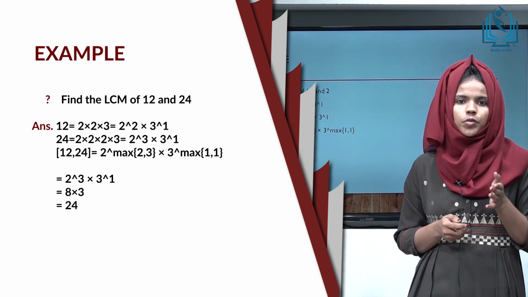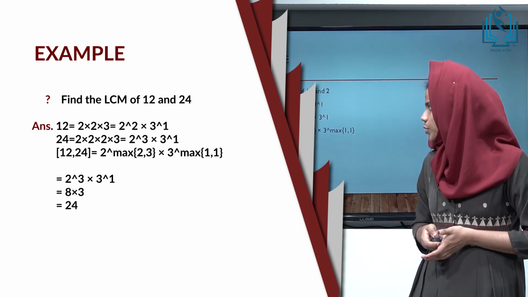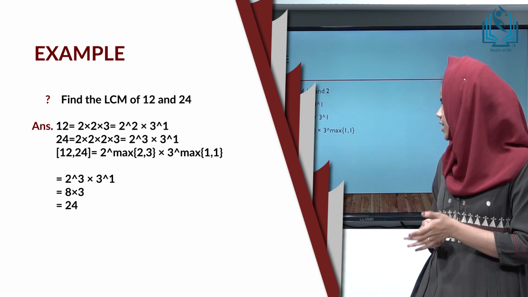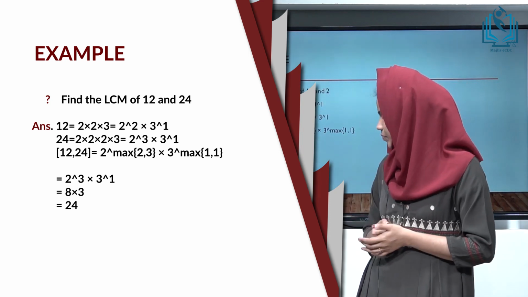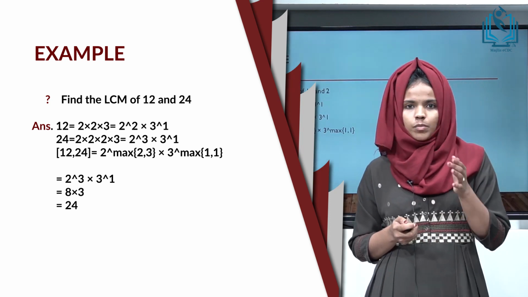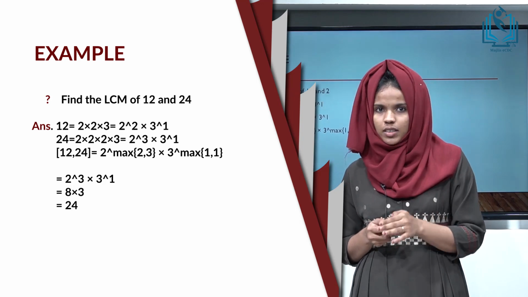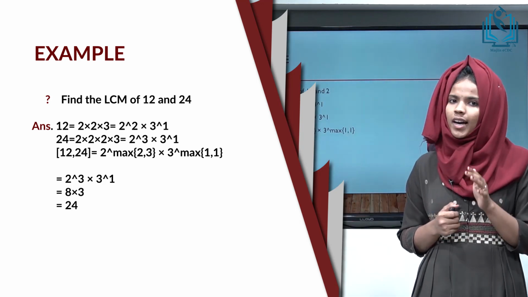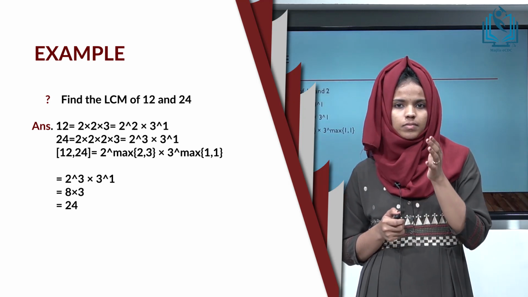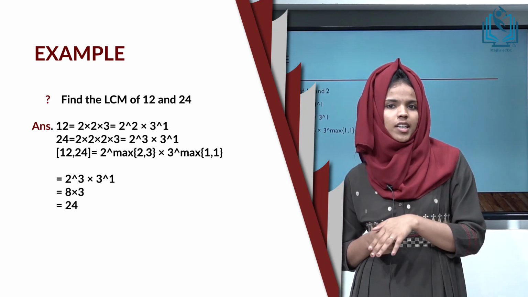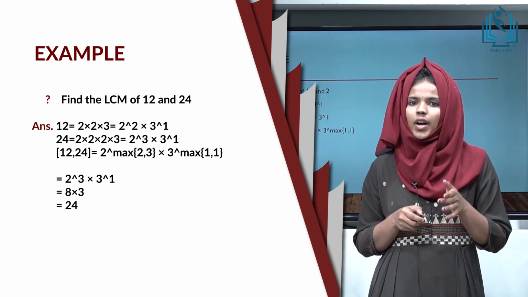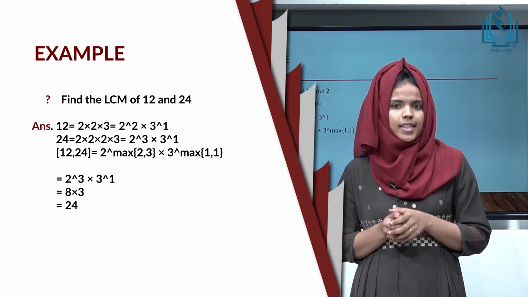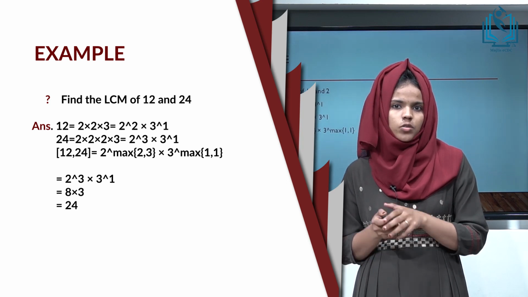Then LCM of 12 and 24 is equal to 2 raised to maximum of 2 and 3 into 3 raised to maximum of 1 and 1. So maximum of 2 and 3 is 3, so 2 raised to 3, and maximum of 1 and 1 is 1. So 2 raised to 3 into 3 raised to 1, which is equal to 8 into 3, which is equal to 24. So the LCM of 12 and 24 is 24.